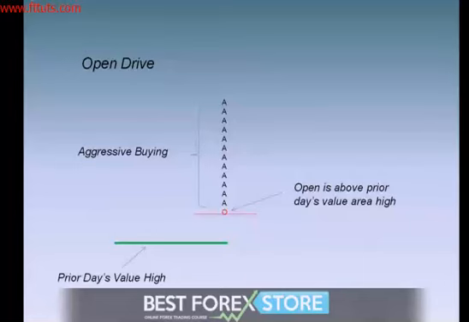But definitely it is going to start with a bullish open. And then you are going to see aggressive buying. Look at that. The minute it opens, wham, prices start going up and they never look back. That's the classic pure open drive.